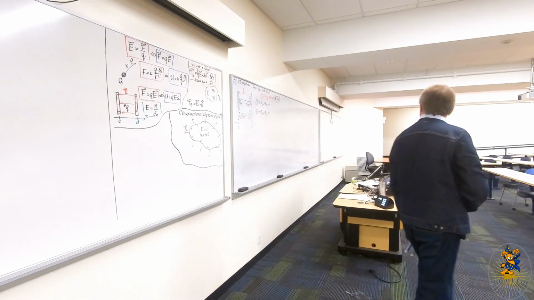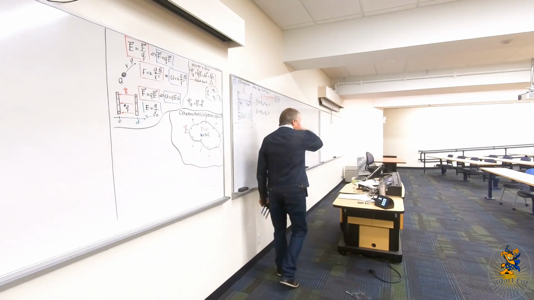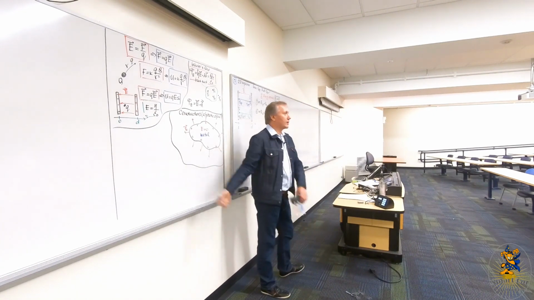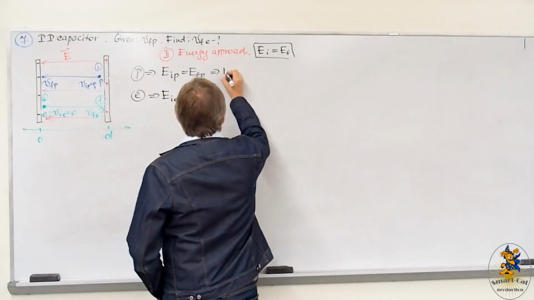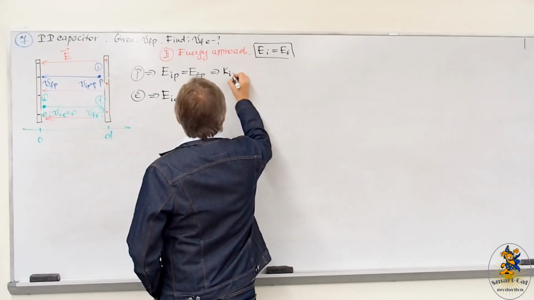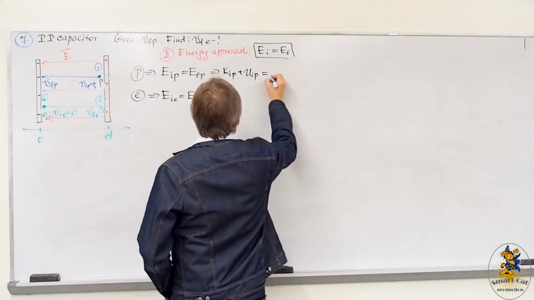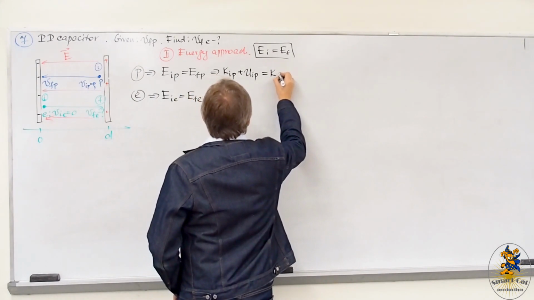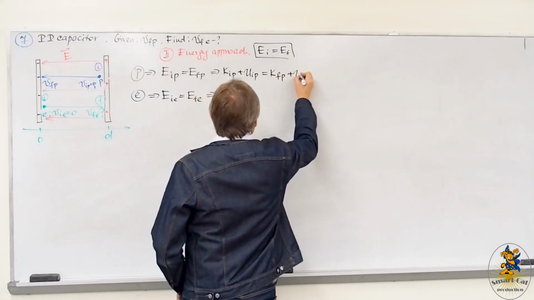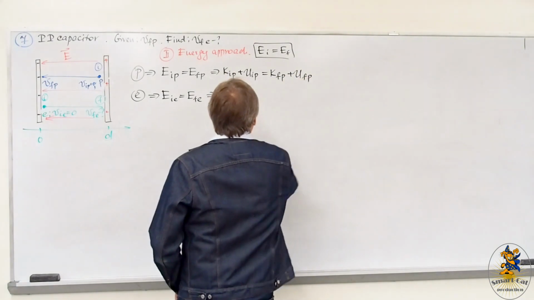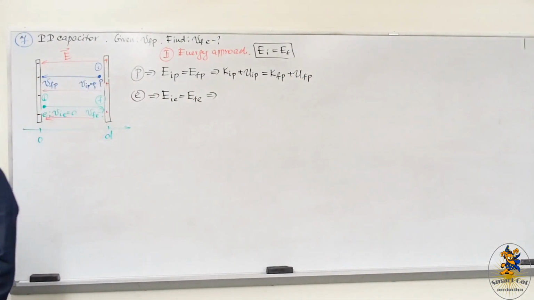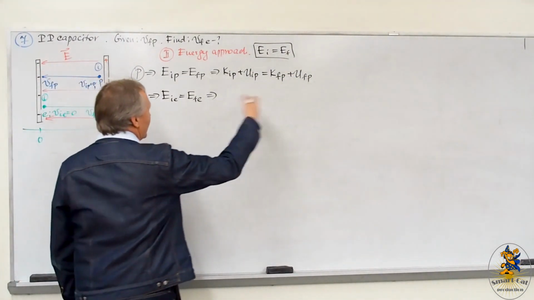Now, of course, kinetic plus potential, kinetic plus potential. So it will be kinetic initial of the proton plus potential initial of the proton equals kinetic final of the proton plus potential final of the proton. Now, let me write something similar for the electron.